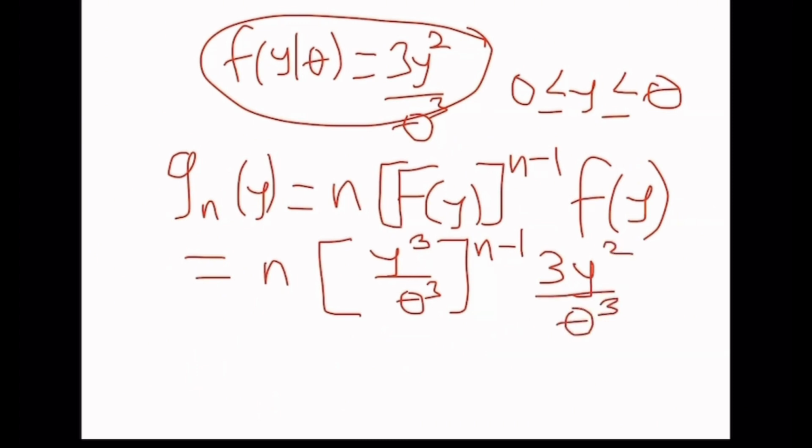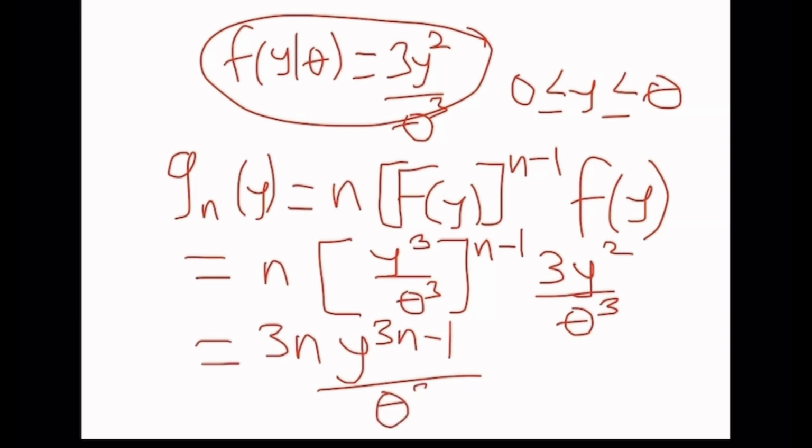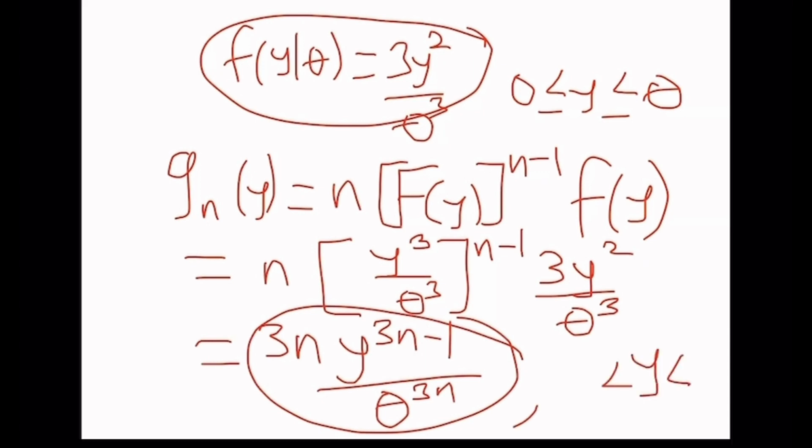When you simplify, without wasting time, I'm going to get 3n y raised to power 3n minus 1 divided by theta raised to power 3n.